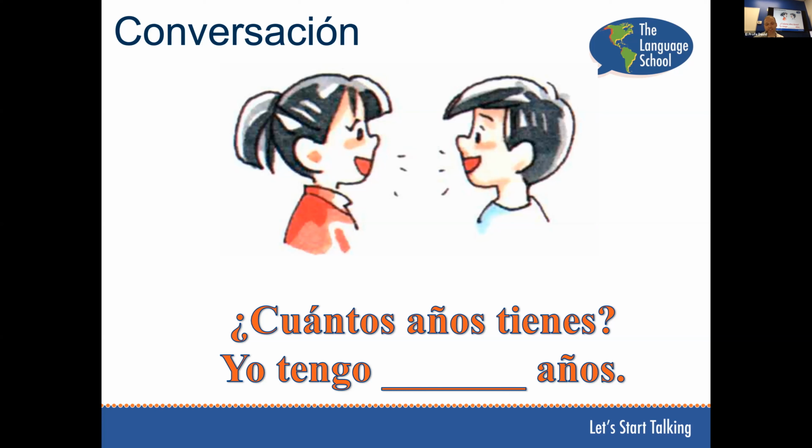I also like to teach it just because it's a little irregular in the translation between English and Spanish. So this question, ¿cuántos años tienes? Literally translates to how many years do you have, but of course we would not say it that way. We would say, how old are you? So you want to answer by saying, I have 37 years. So I would say, yo tengo 37 años. Okay?